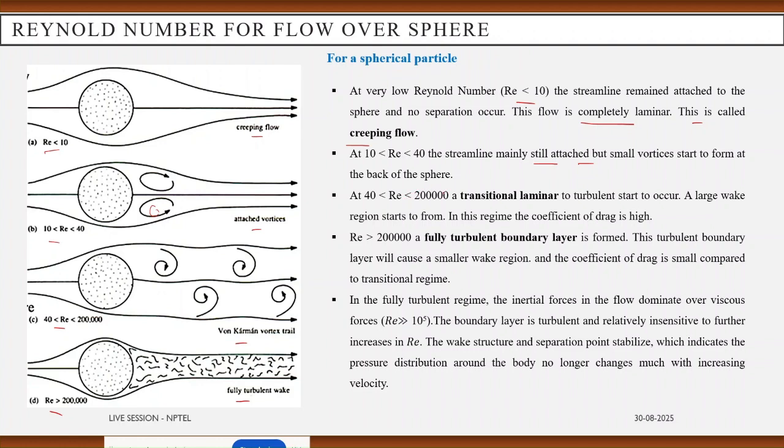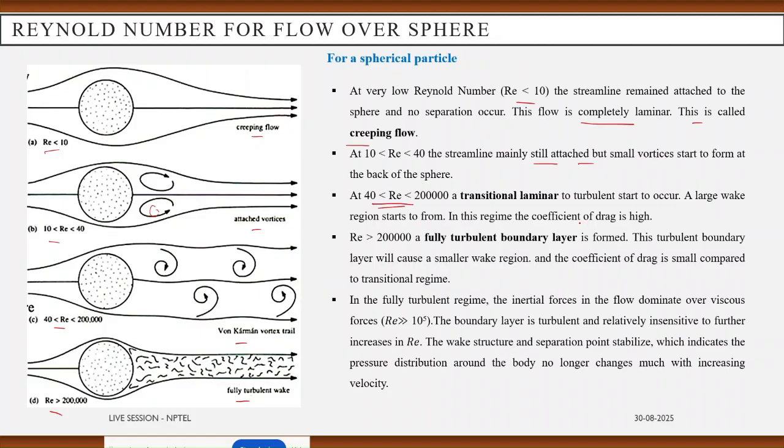At 2 into 10 to the power 5, that is the turbulent regime, it belongs to the category of transitional laminar to turbulent, or you can say transition regime, and there the large vortices or wakes start to form.